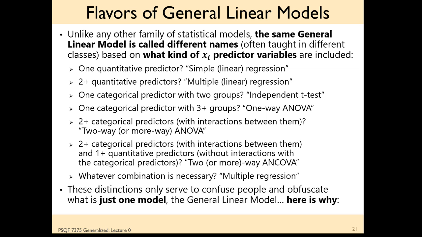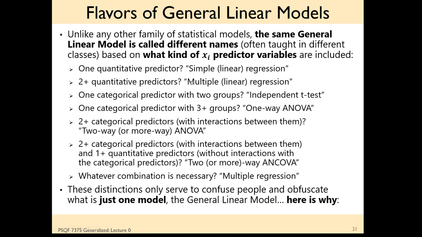And it drives me nuts when people try to talk about them as if they're different, because it just makes it harder than it needs to be. So this is the perspective that I'm starting from. We're going to work with models that have different types of outcomes from the same perspective. I'm not going to use special names based on what combination of predictor variables are in there, unless it serves to help explain to people who are familiar with these terms how they relate to what they know.